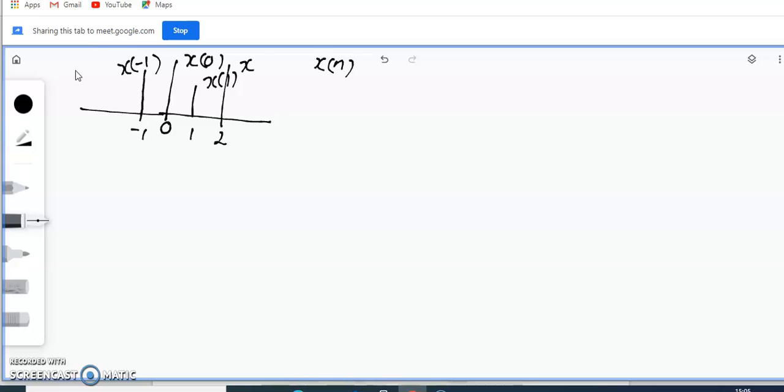This is called x of 2, and it has many more values. Okay, this is a general representation of a discrete time signal.